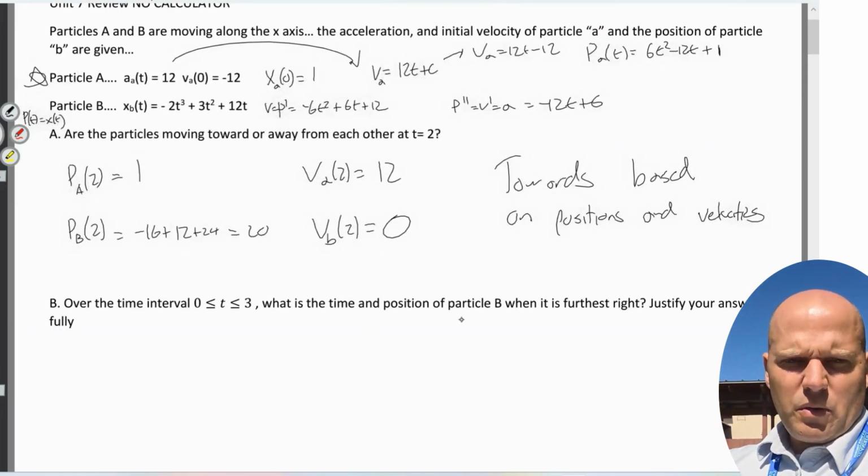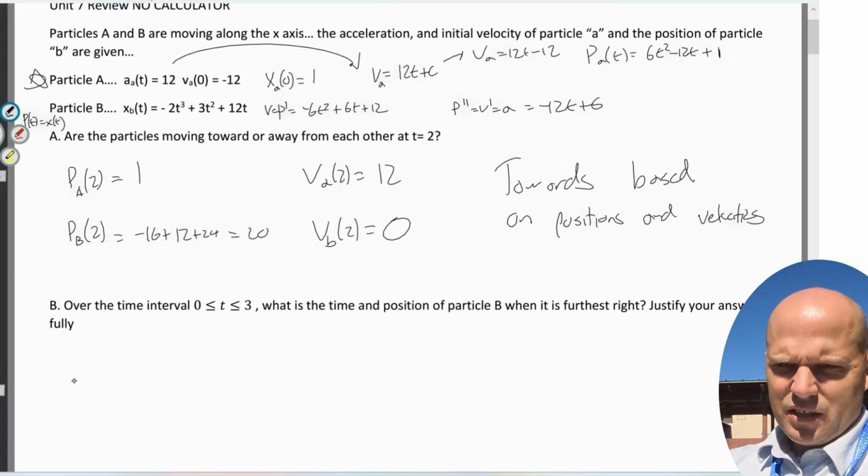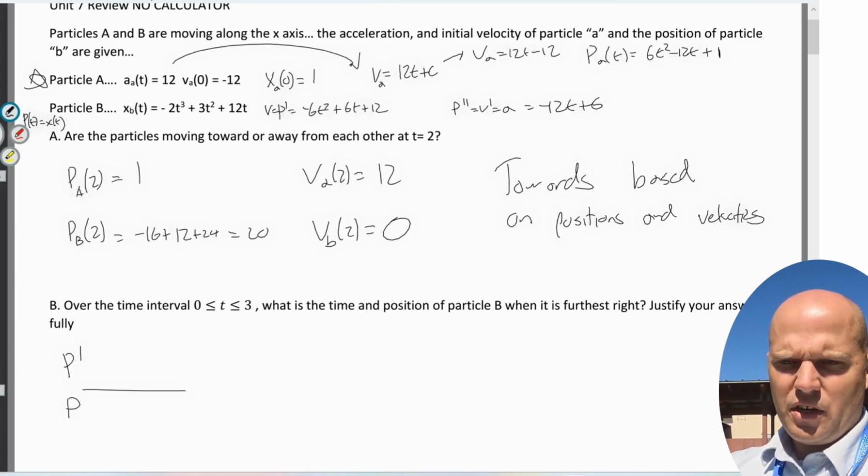What is the position of particle B furthest right? We need to do a velocity sign analysis, a P prime analysis, a first derivative analysis to figure out how P is changing. P prime is V, and V of particle B is this.